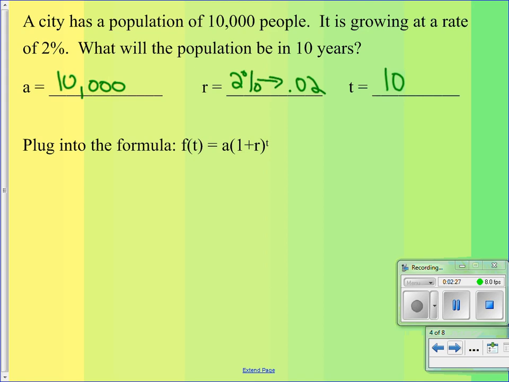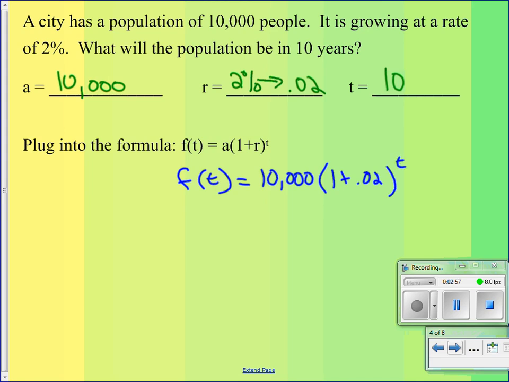Seeing how this is a growth population, we need to plug it into the growth formula, f of t equals a times 1 plus r raised to the t. So I rewrite it: f of t is going to equal 10,000 times the quantity 1 plus our rate 0.02 raised to the t.